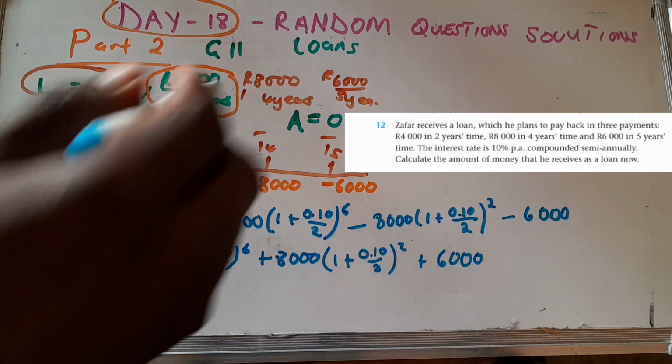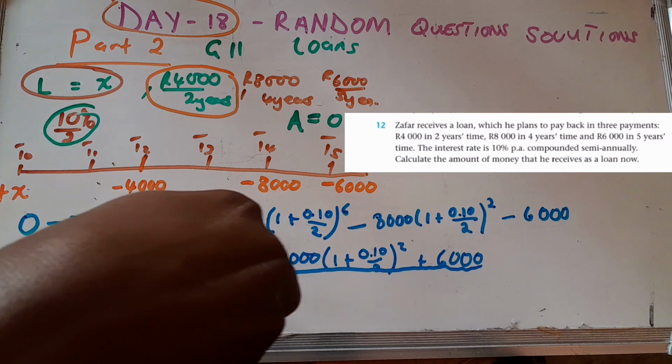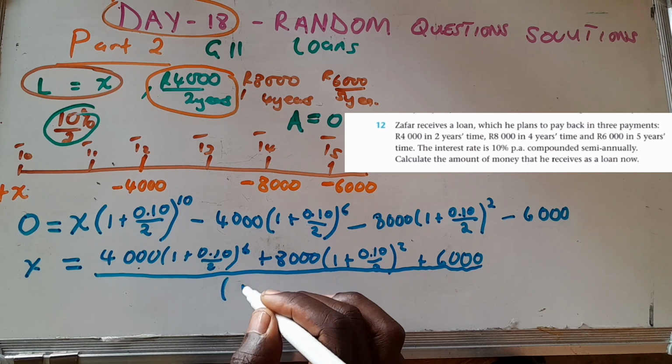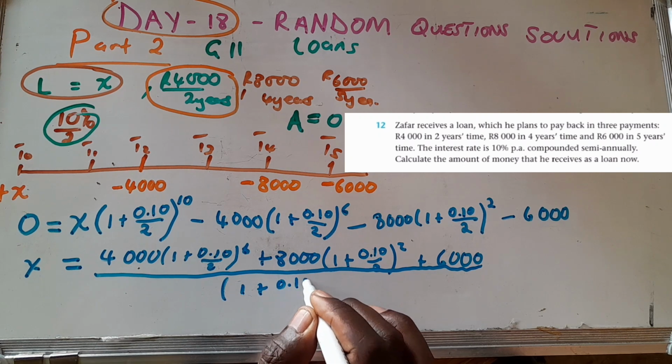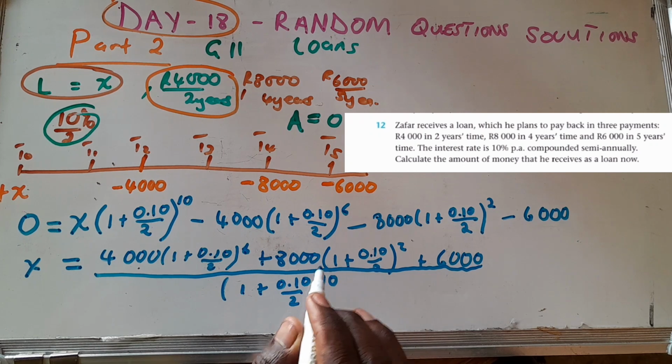And this whole situation will be divided by 1 plus 0.10 divided by 2, to the power of 10.